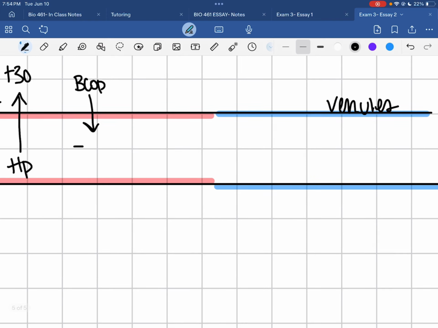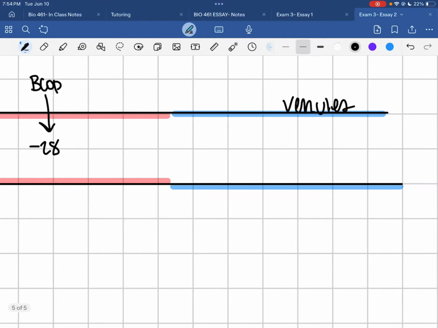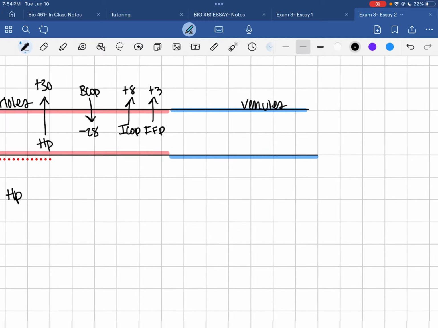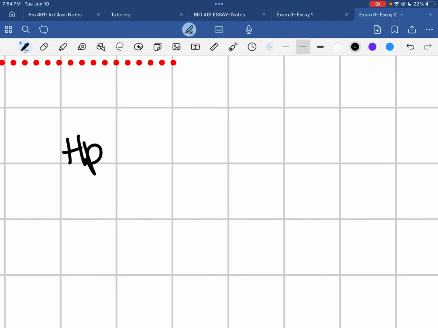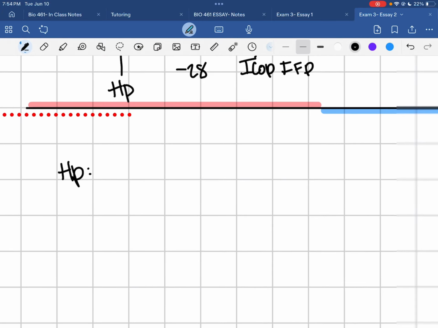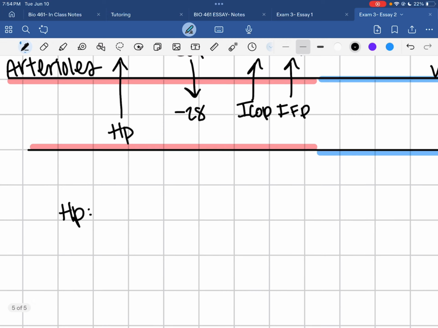And then BCOP, blood colloid osmotic pressure, is going to want to go in, and that one's around -28. And then we have ICOP, which is going to want to go out. This one is a positive 8, and then IFP is going to want to go out as well, and that's a positive 3.